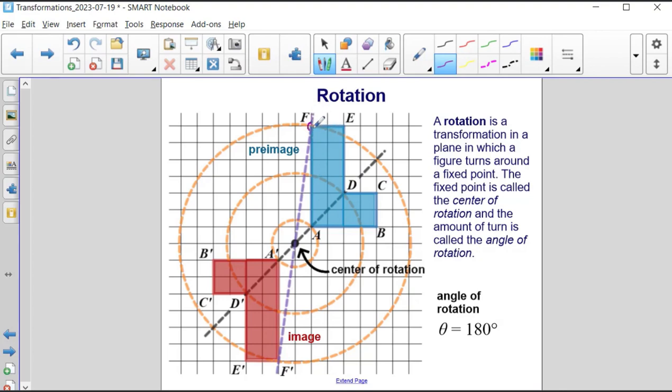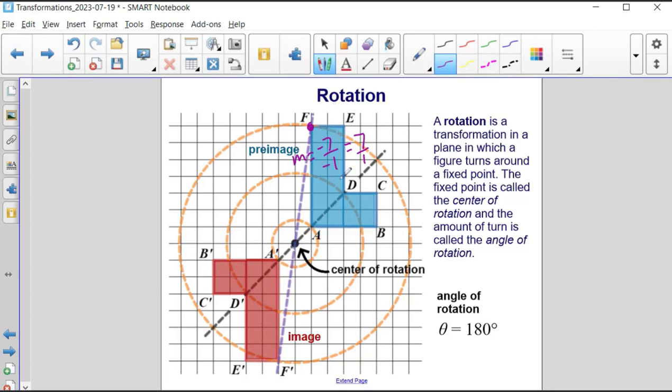So for example, from point F to the center of rotation, we're going to have to go down 1, 2, 3, 4, 5, 6, 7, and to the left 1. So the slope to get there is -7 over -1. It does reduce to a +7, or 7 over 1.